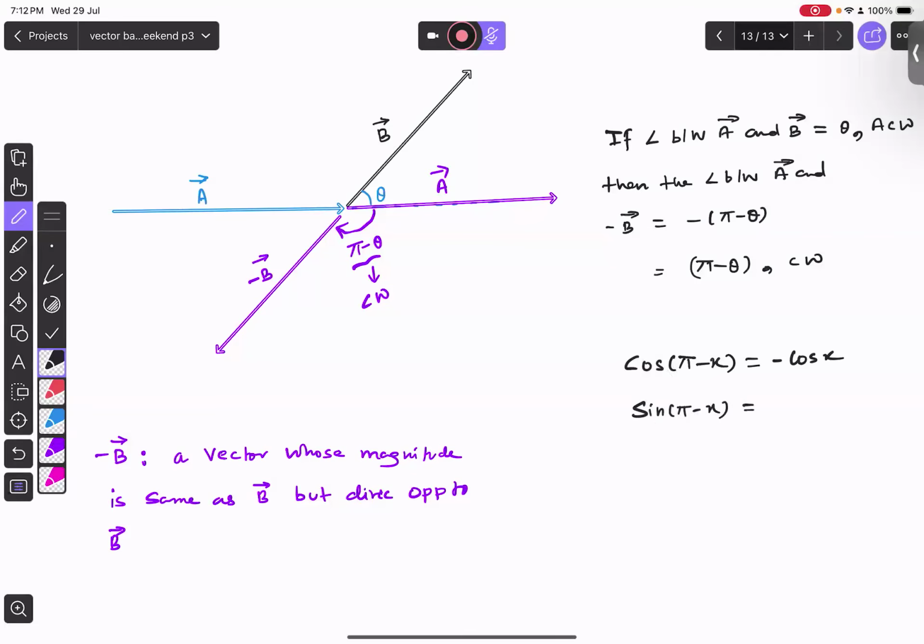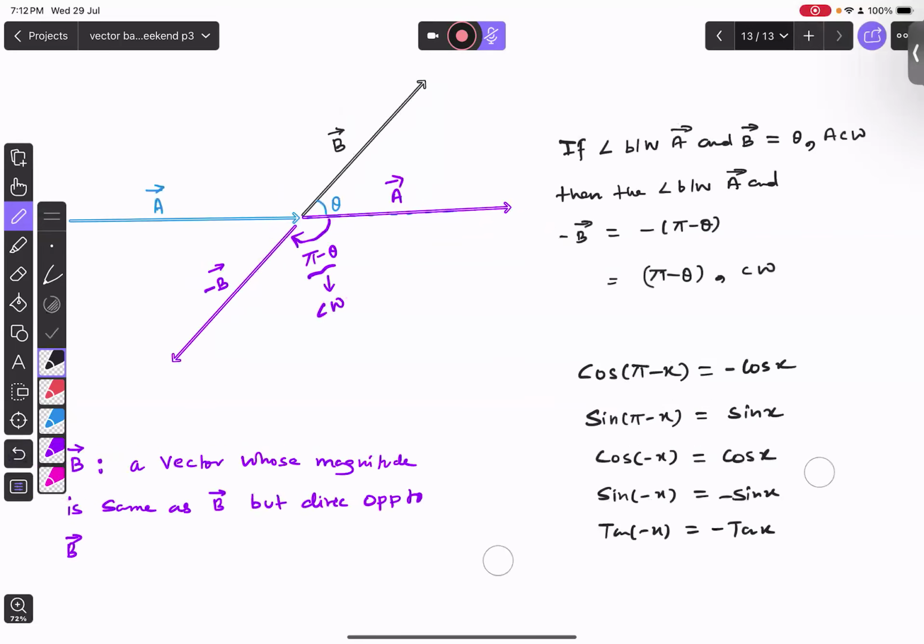That's going to be equal to plus sin x. Cos of minus x is equal to cos x. Sin of minus x is equal to minus sin x. And tan of minus x is equal to minus tan x. I hope these formulas are clear to all of you.